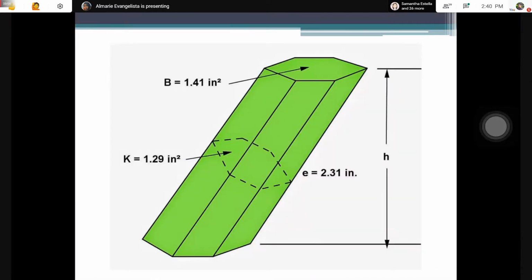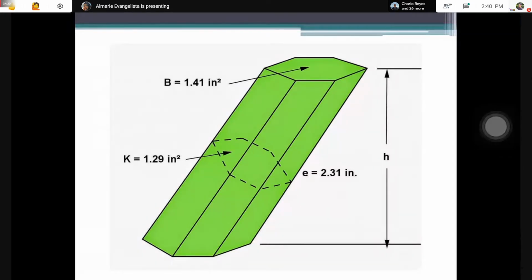So, since nawawala yung height, ano sa tingin nyo yung una nyong gagawin? Ang gagawin natin is, kukunin muna natin yung volume nung right section. Yung volume nung naka-drawing na broken line, broken hexagon.